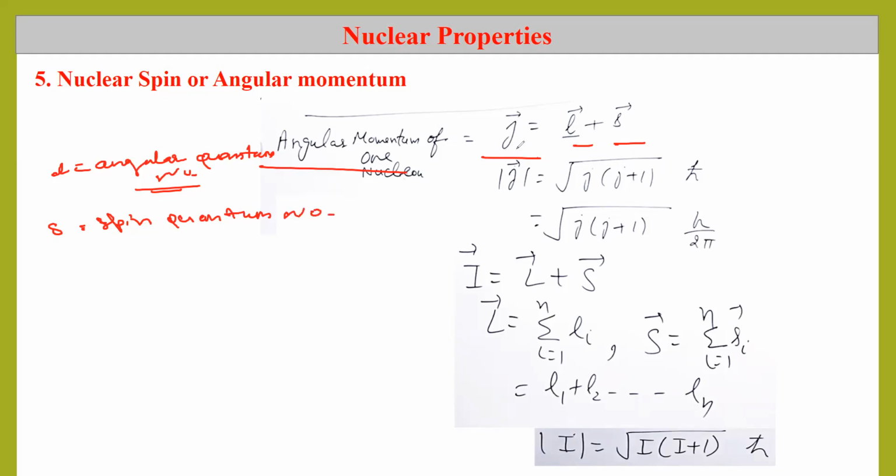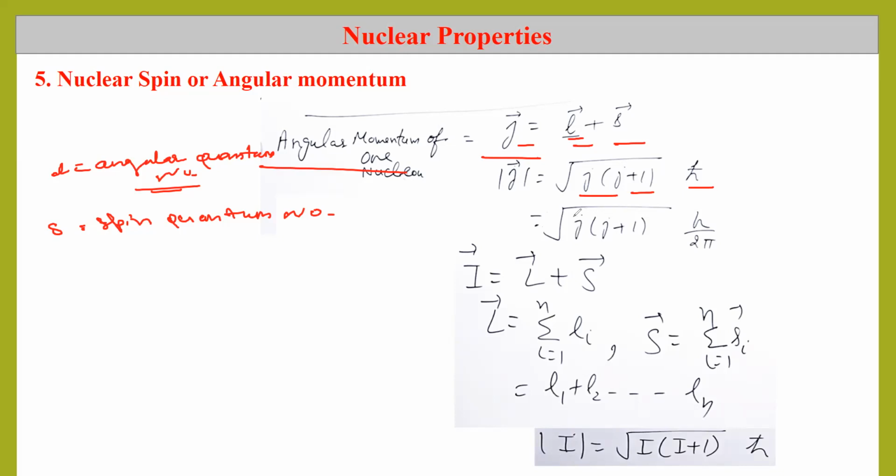So overall J, the nuclear spin or angular momentum number, is represented by vector L plus vector S. And what is the J? J is under root j into j plus 1 h cut.